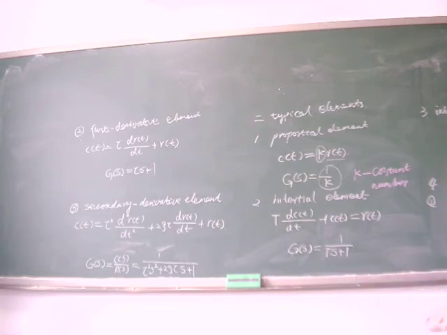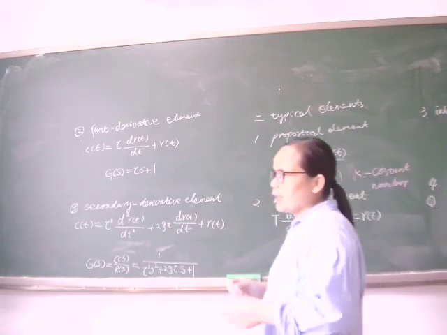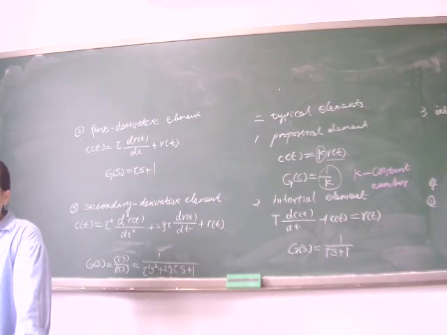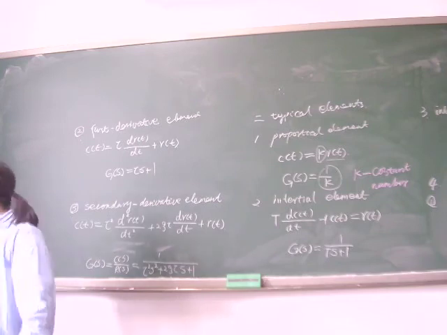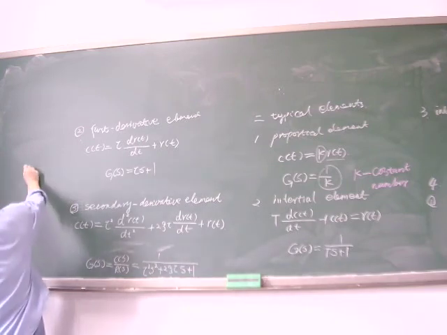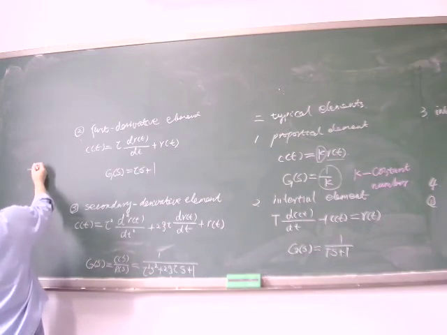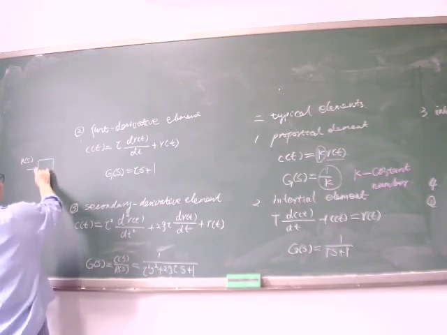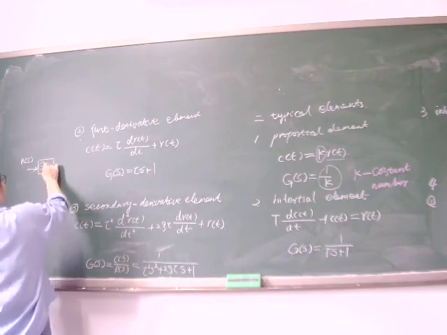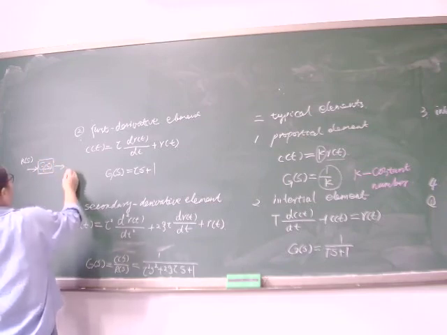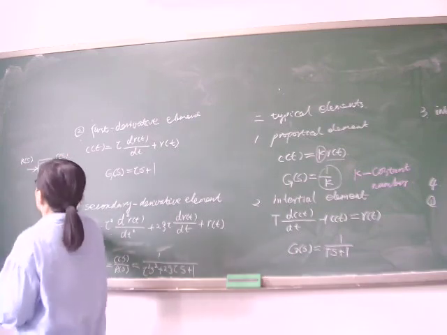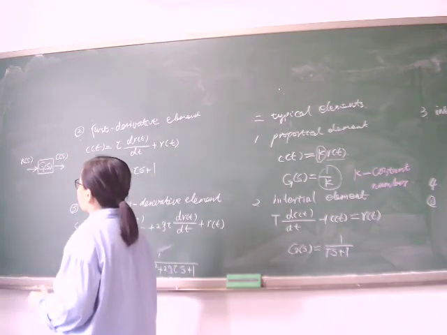Now, for the transfer function, we can use the block diagram. Here, this is the input R(s), this is the transfer function G(s), and this is the output C(s). Generally, it is like this.